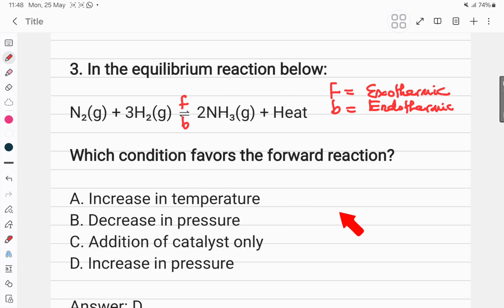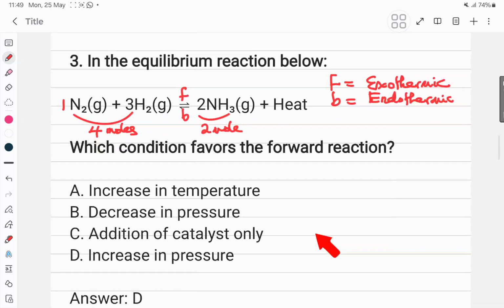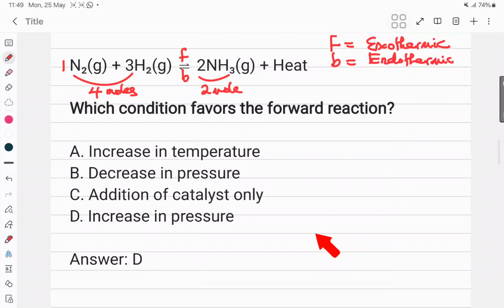So if you look at this, the total volume or moles of the gaseous reactants is 4, 1 plus 3, making 4 moles or 4 volumes. Here on the product side, we have 2 moles. Now, we are concerned about the forward reaction, that is formation of ammonia.